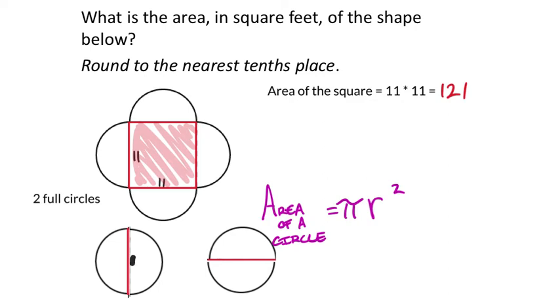Because you could transpose that 11 down here, or the bottom 11, you could put it right here. So that's the diameter though, okay? So it is showing us a diameter that's 11, but what I really want is the radius. So to find my radius, I'm gonna take the diameter, which is 11, and I'm going to divide it by 2.